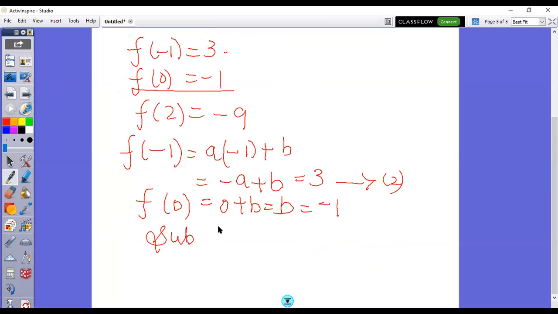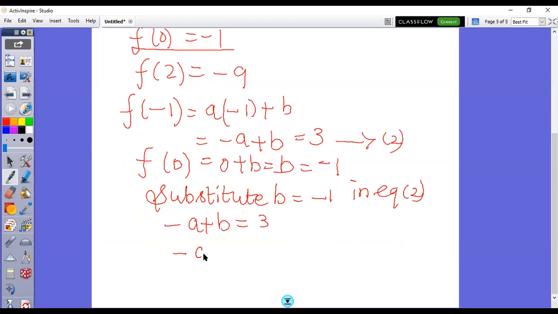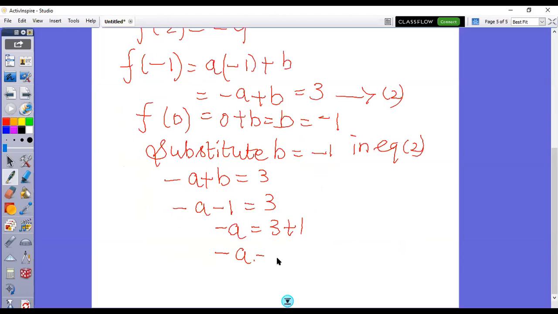Substitute b equal to minus 1 in equation 2, minus a plus b equal to 3. So minus a, b value is minus 1, equal to 3, minus a equal to 3 plus 1. 3 plus 1 is 4, minus a equal to 4, a equal to minus 4.